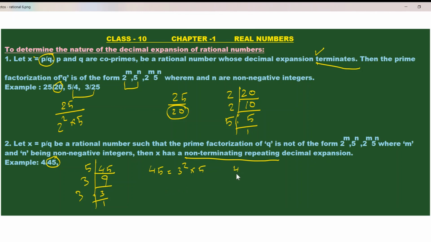So 4 upon 3 square into 5. You can see the denominator has 3 and 5, but the denominator should be a multiple of 2 and 5 only. Got it? So here 3 came, so it is a non-terminating repeating one.